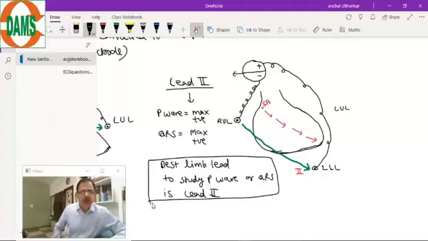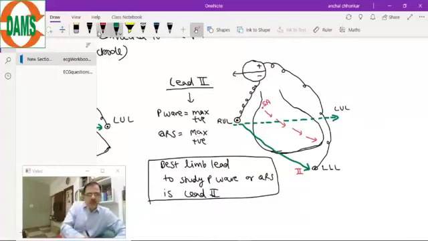Now the imaginary location of lead 2 in terms of degree axis. We always take it from lead 1, where the other lead vector directions are. So I will take lead 1 first. Look at the broken arrow.